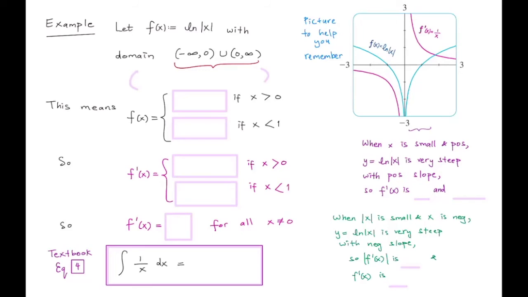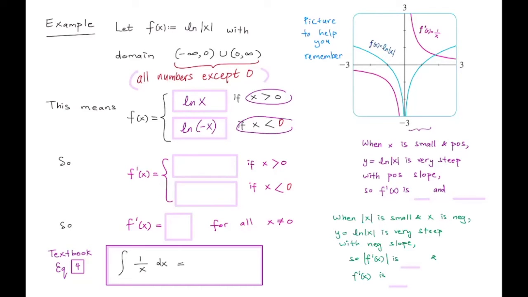So the domain of this function is all numbers except 0. So the graph of this function can be drawn over here. So in blue, this means that when x is positive, then f of x is equal to the natural log of x. When x is negative, f of x is equal to the natural log of negative x.